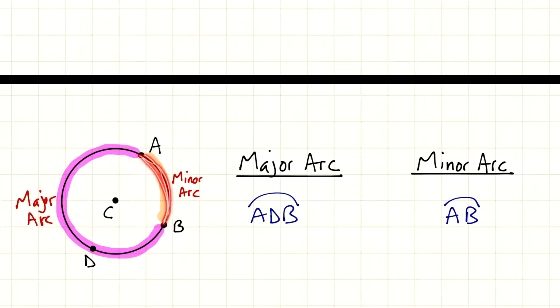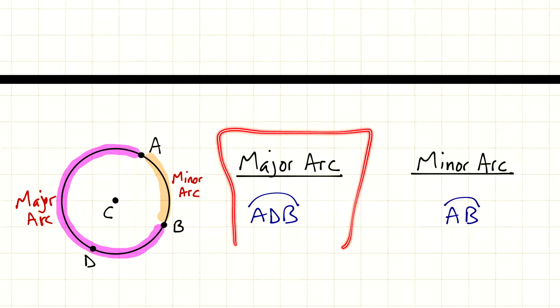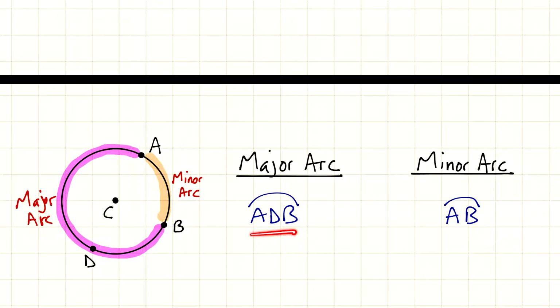And so the shorter arc, we call the minor arc. And the larger arc, we call the major arc. Major means it covers the majority of the circle, and minor covers the minority of the circle. So how do I tell the difference in notation, and how can I specify which one I'm talking about? Well, you'll notice for the major arc, I've included 3 letters.